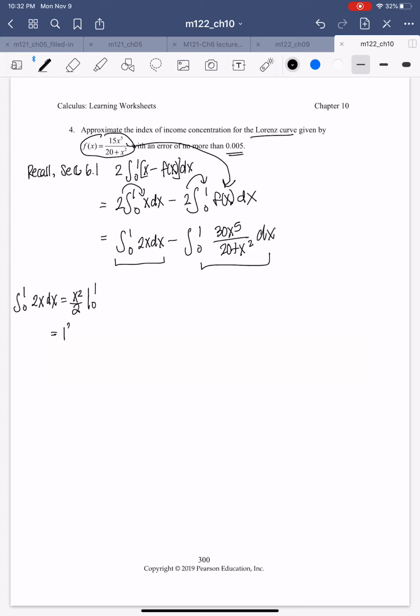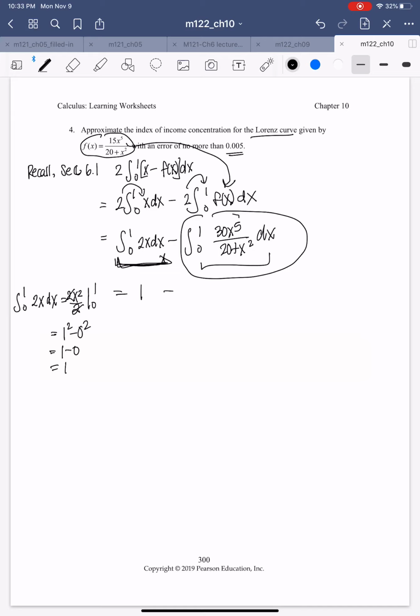So it will be 1 squared, and then minus 0 squared, which is 1 minus 0 equals 1. So this whole thing is just 1.